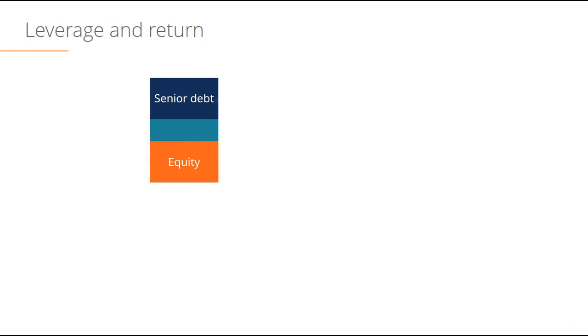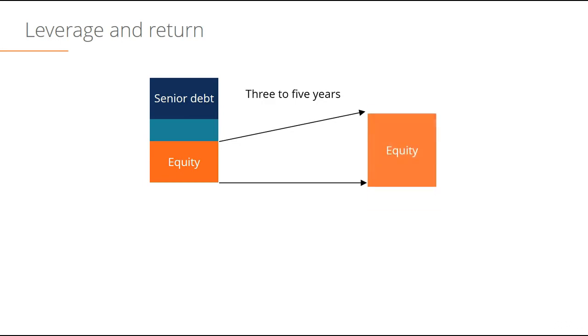So here's an example of a capital stack: senior debt, subdebt in the middle, and equity at the bottom. Over time, over 3 to 5 years, as this business grows, what's going to happen is you're going to see that the equity piece has expanded significantly. The subordinated debt piece is exactly the same, and the senior debt piece is slightly smaller as it's been repaid over its amortization period.